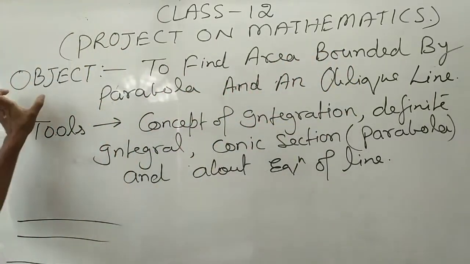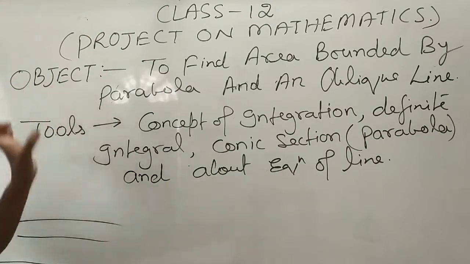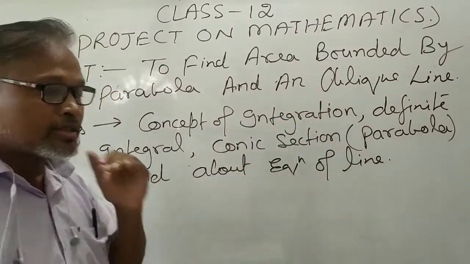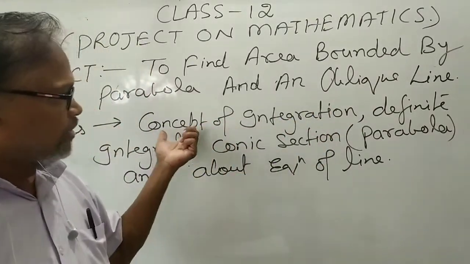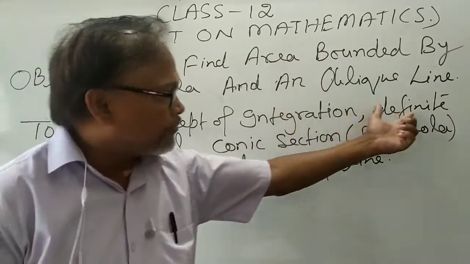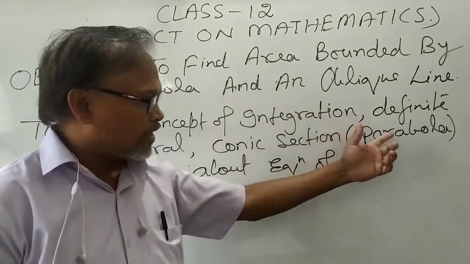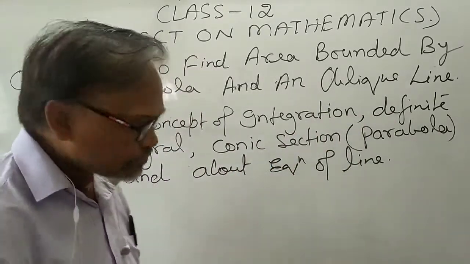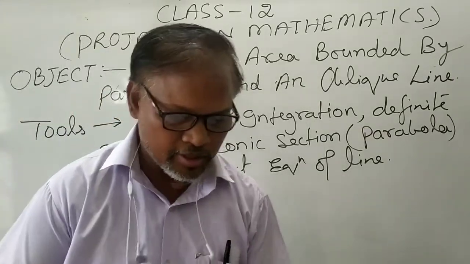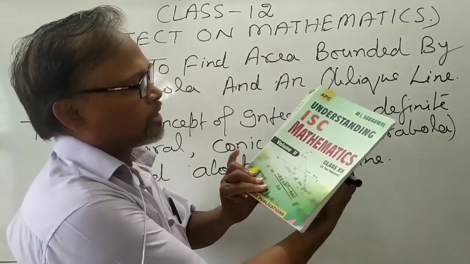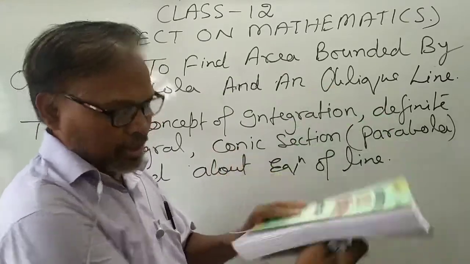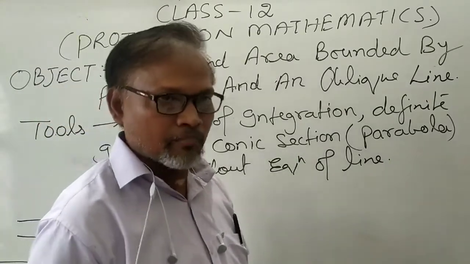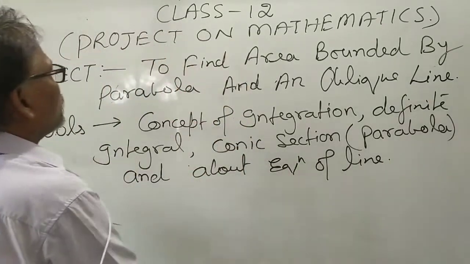First of all, you will write the object, this is the first heading. Second heading, tools: the concept of integration, meaning what things are needed. The concept of integration in this topic, definite integral, conic section, especially the parabola, and the equation of the line that we will use. If you have the book, Understanding ISC Mathematics by ML Aggarwal, Arya Publication, then I will tell some examples from this book and you can do it very easily.